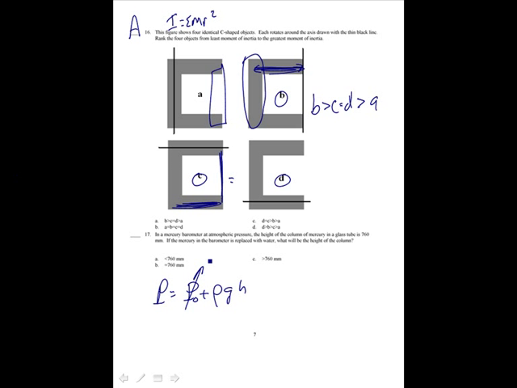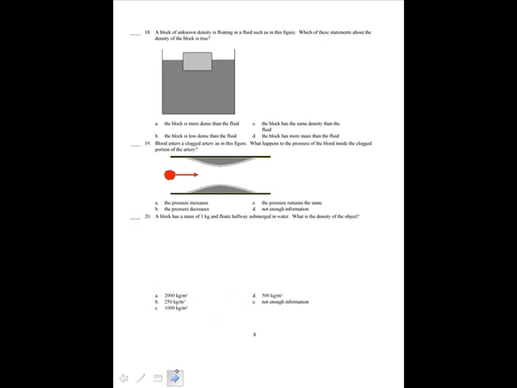But you remember P naught in a barometer is 0 because it's a vacuum in that closed section. And you see that the pressure is dependent upon the height of the column and the density. So if we replace it with water, which has a much lower density, if rho goes down, that means that H has to go up. So it's going to be greater than 760. Number 17, that is C.